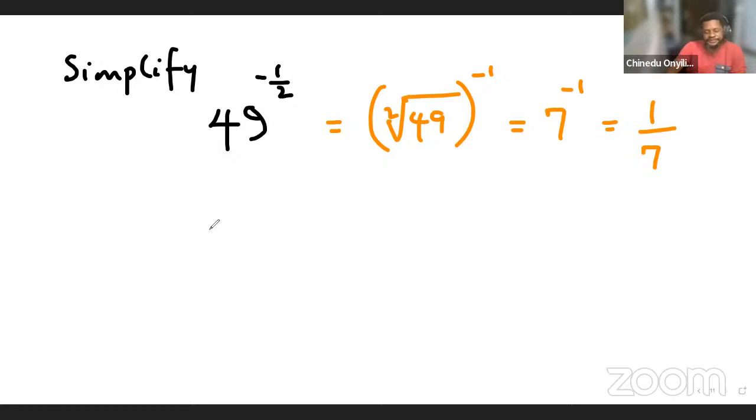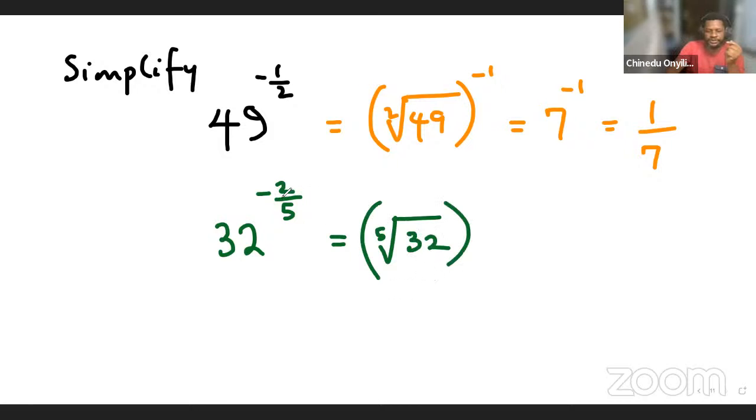Now, we can develop more on this by looking at another example. Let me use a different number, really. Let's say you have to simplify 32 raised to the power of -2 over 5. So the first thing we need to do is the 5th root of 32, and then hold this with the bracket of -2 here.